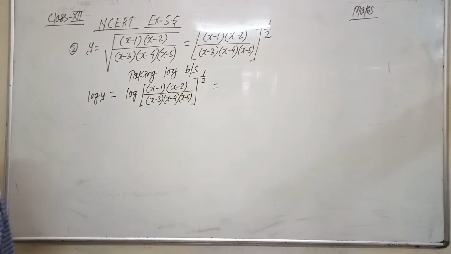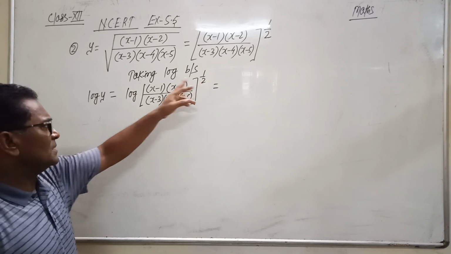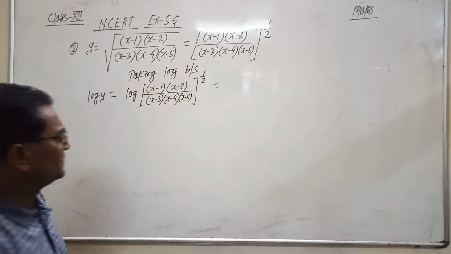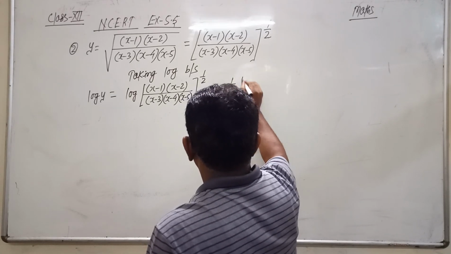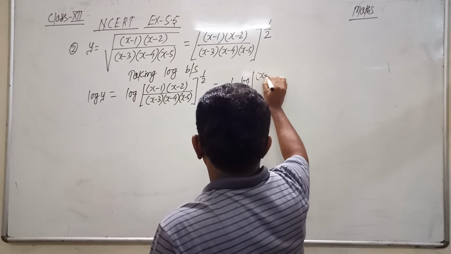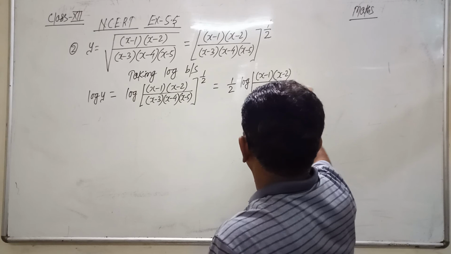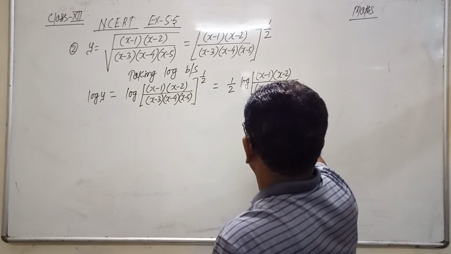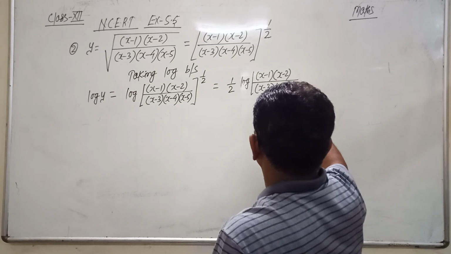And we know the properties of log. 1 by 2 comes in the beginning. So this becomes 1 by 2 log of (x minus 1)(x minus 2) upon (x minus 3)(x minus 4)(x minus 5).